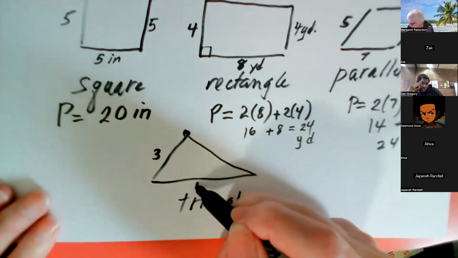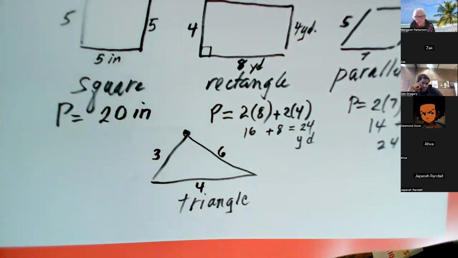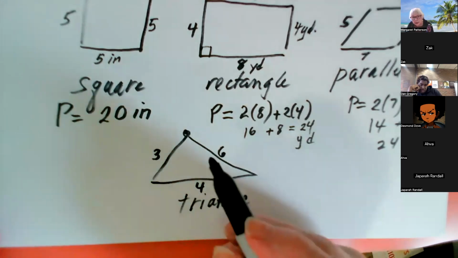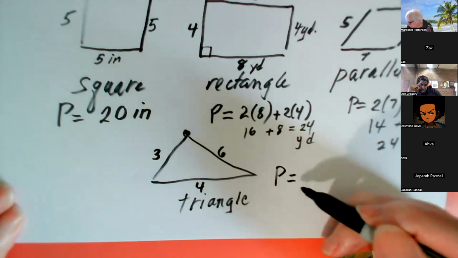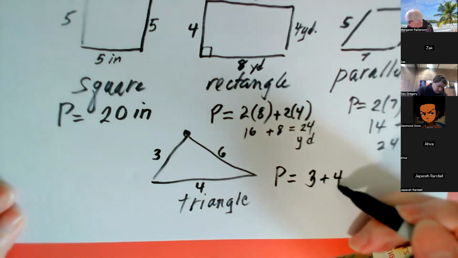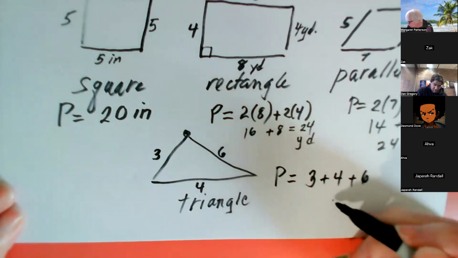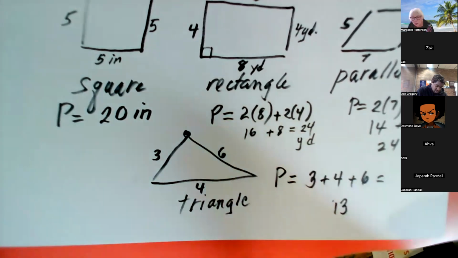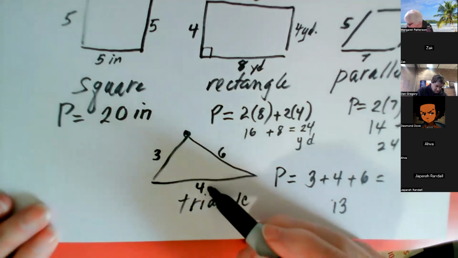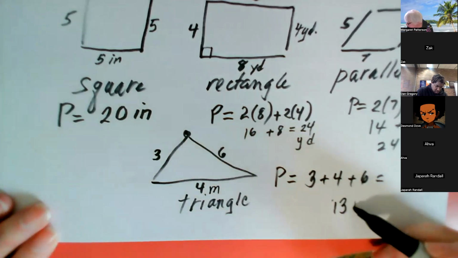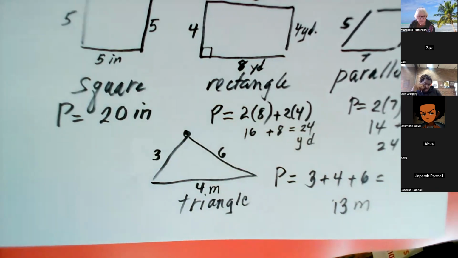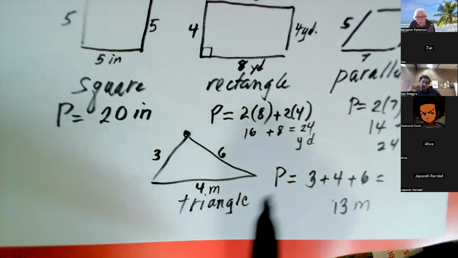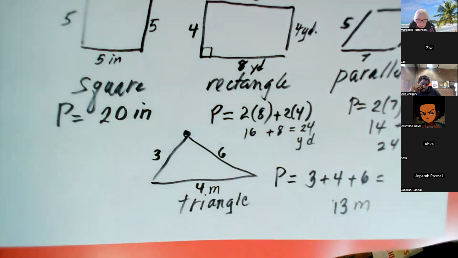If this was 3 and this was 4 and this was 6, they have to give you all 3 if they want perimeter, because you have no guarantee there's a match. So you would go 3 and 4 and 6, and that makes 13, whatever the unit was. Let's say it's meters. If they were all meters, then it would be 13 meters.